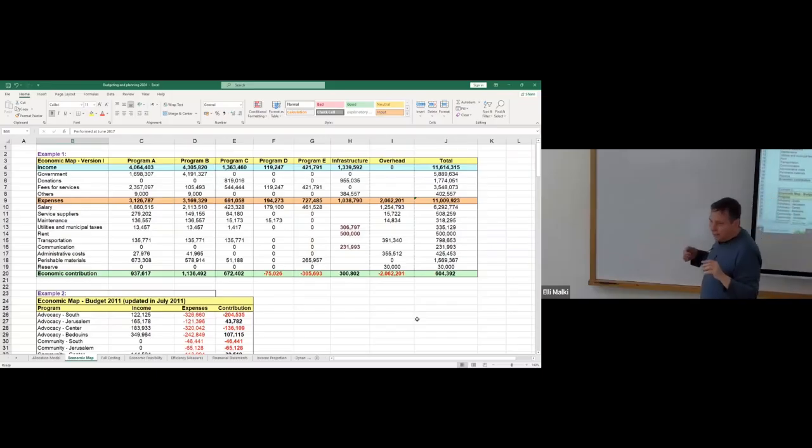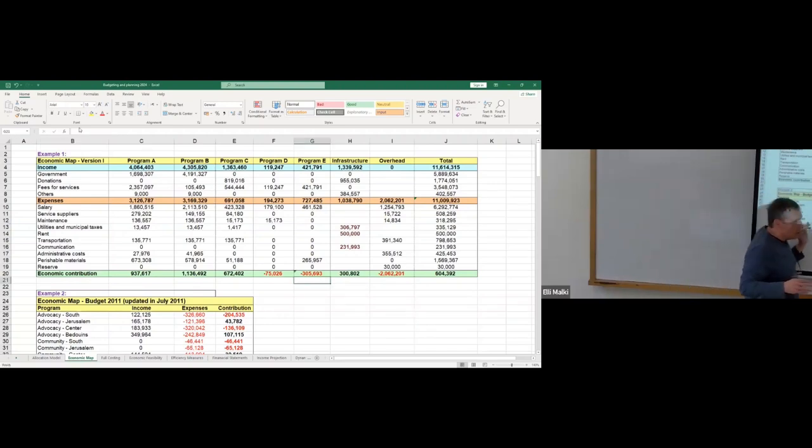So negative economic contribution means that this program is subsidized by the other programs. And that means that when the program is subsidized, closing it will be beneficial from the economic point of view only. Remember, this is an NGO with social goals, but from the economic perspective only.